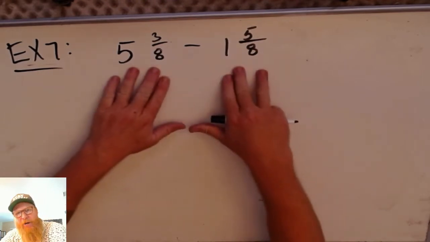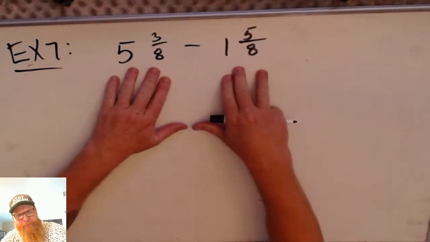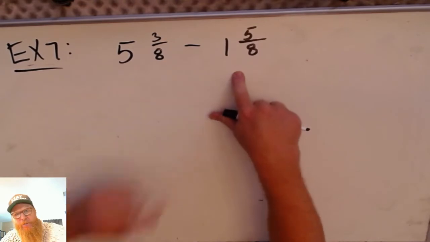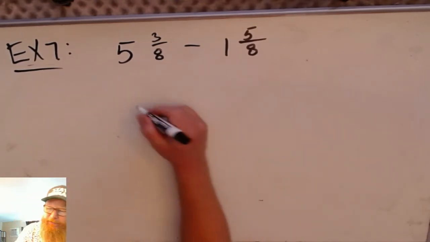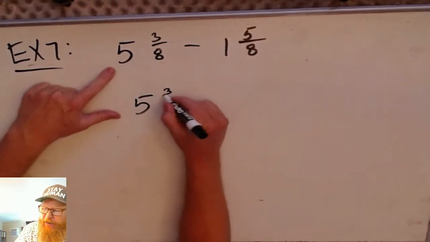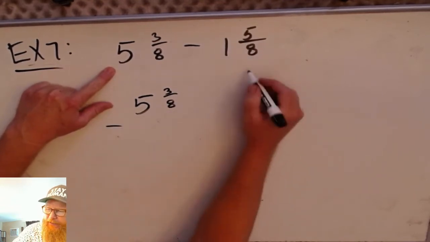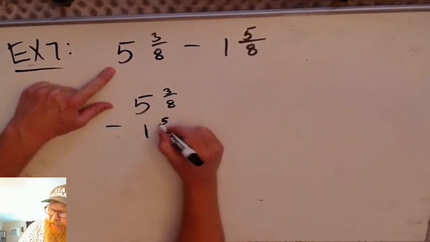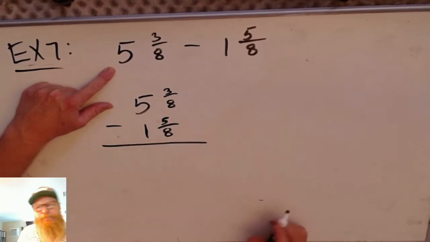So this time they're both mixed numbers. 5 3/8 minus 1 5/8. You must put the first mixed number on top and the second mixed number down below.